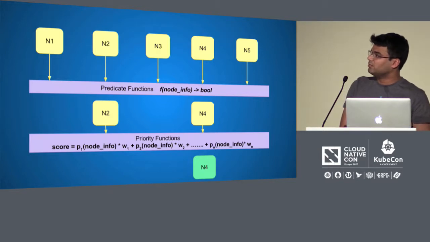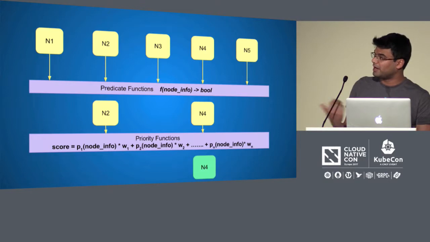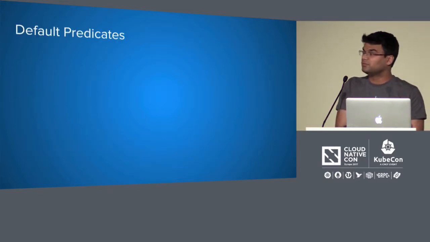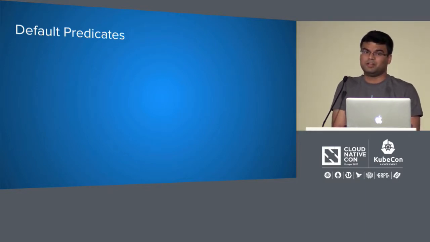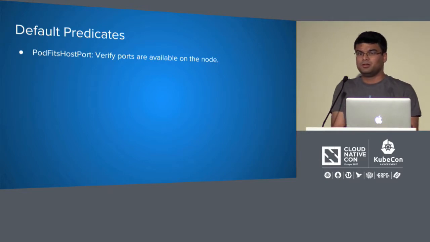To get a little more idea of what the predicate and priority functions look like, let's look at some sample predicate functions that Kubernetes applies by default when it's trying to schedule pods. The first one is the host port check.